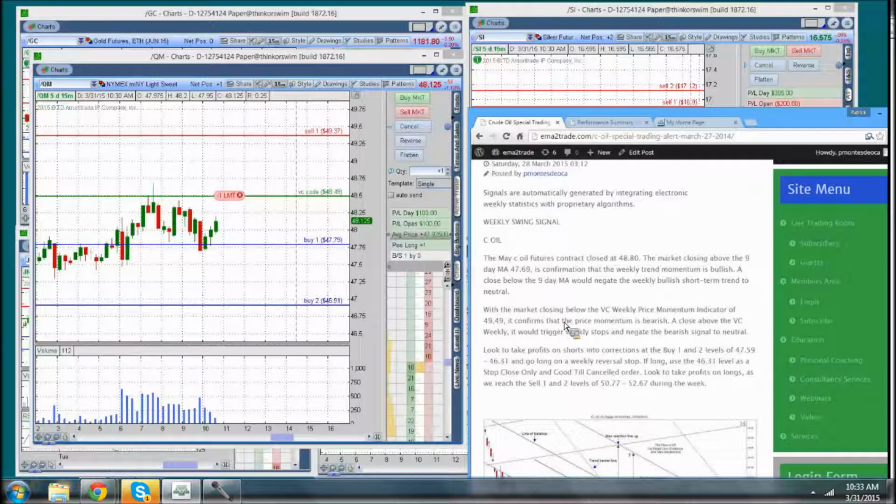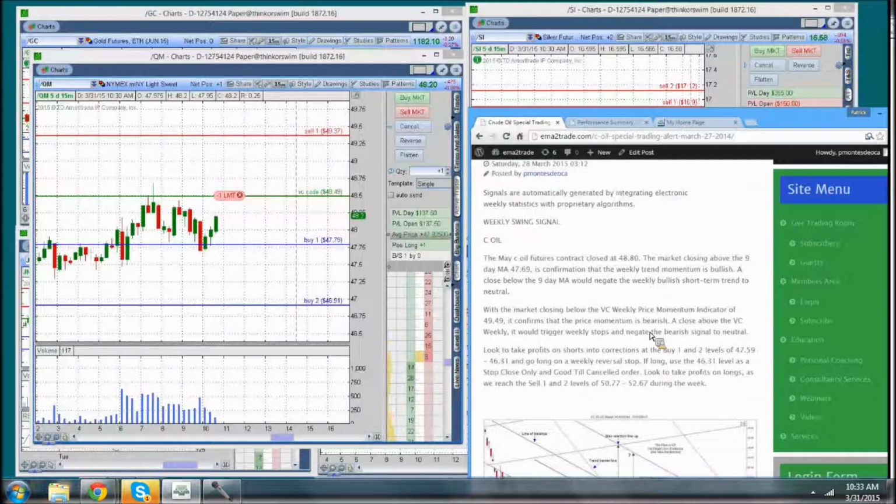Now, with the market closing below the VC weekly price momentum indicator, which is the algorithm that we use on a weekly basis as the pivot point or the metrics for the week that identifies the weekly trend, above is bullish, below is bearish, this is confirmation that the momentum is still a bit bearish.